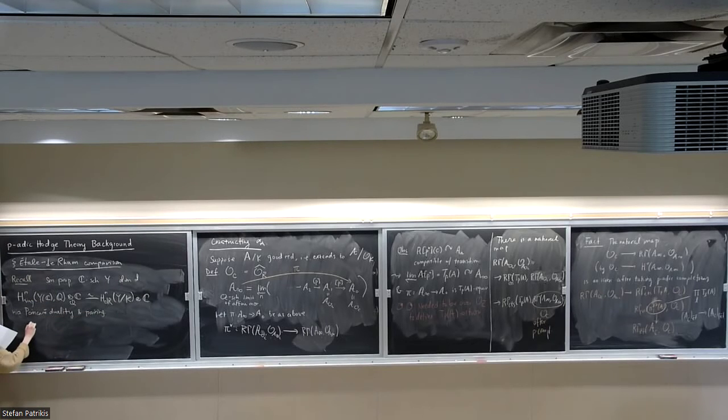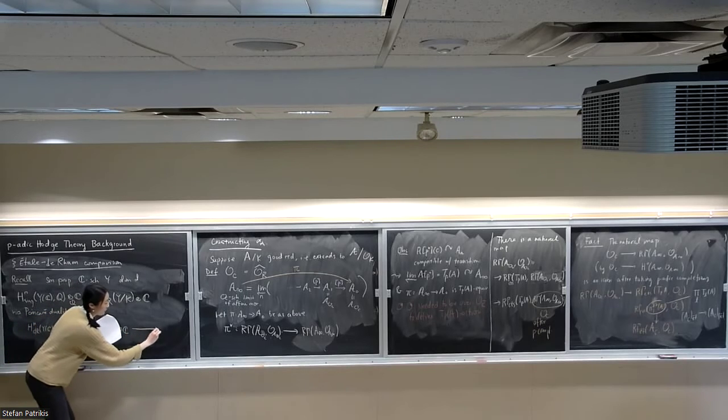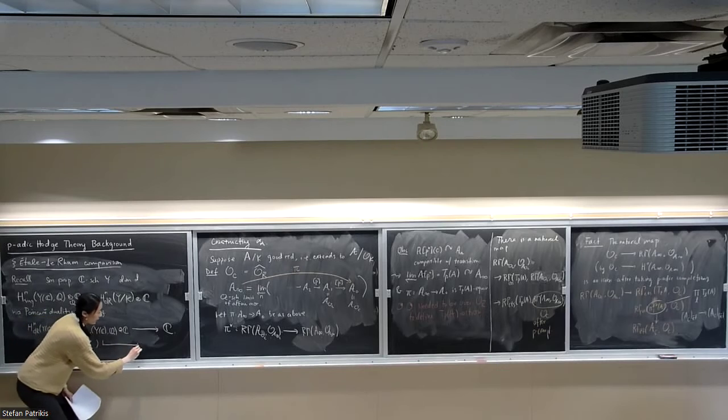And so this is H^n de Rham, Y over C, times the complementary dimensional homology, Y_C, valued in C, where we just take a differential form and a cycle and evaluate it by integrating.